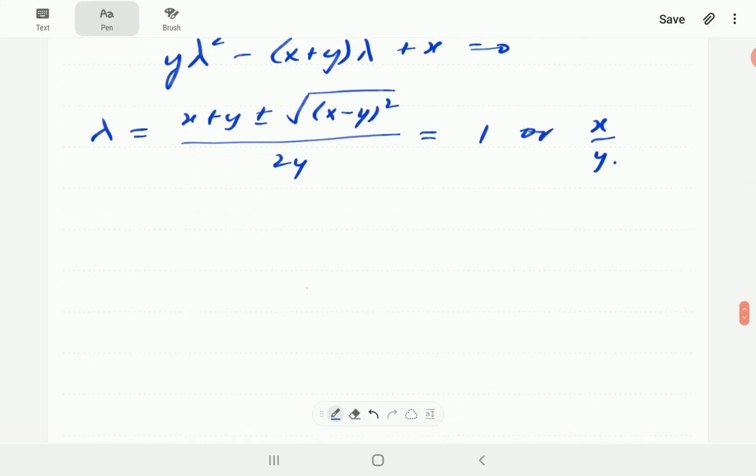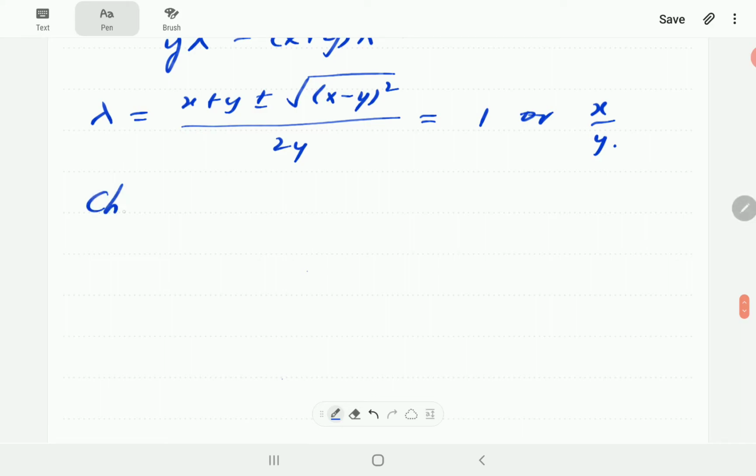So the characteristic ODEs from these two will be, first we're going to have dy dx is x over y.